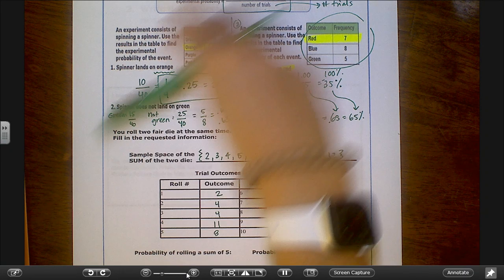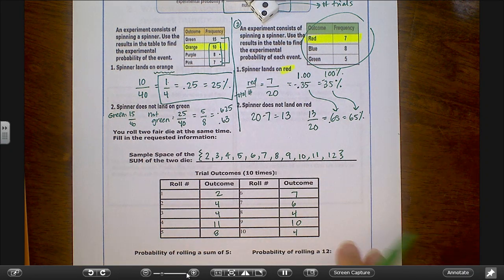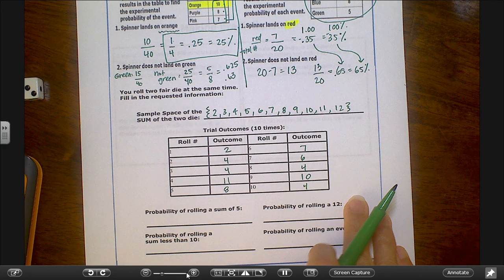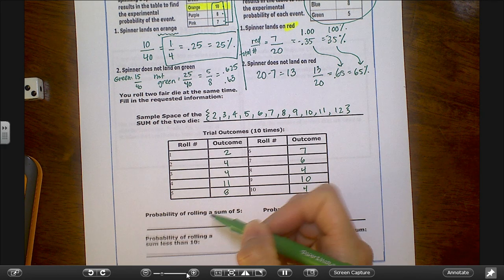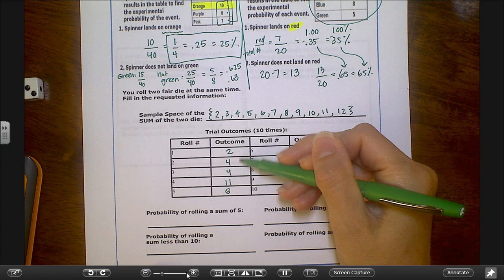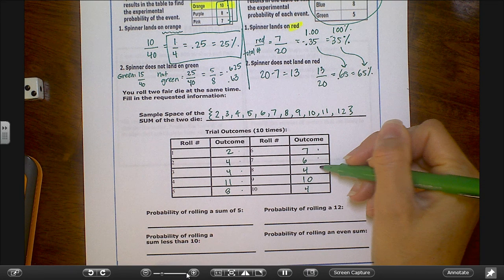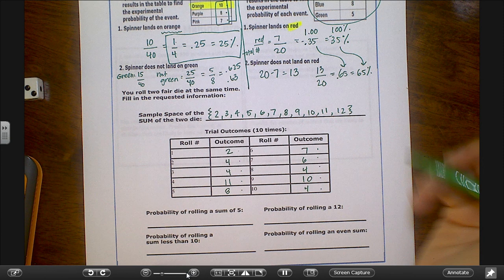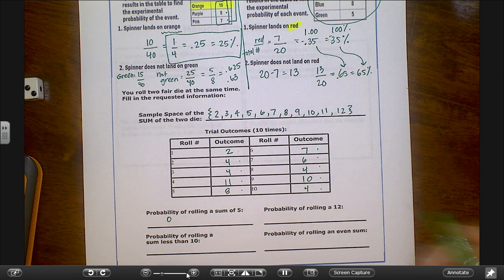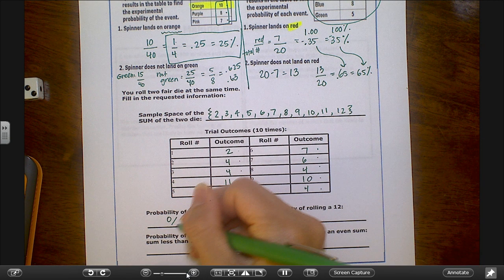Okay. So now I take this for my little experiment here. And I say, okay, the probability of rolling a sum of 5. So I look at all my outcomes, and I don't have a 5. So this is 0 out of 10.